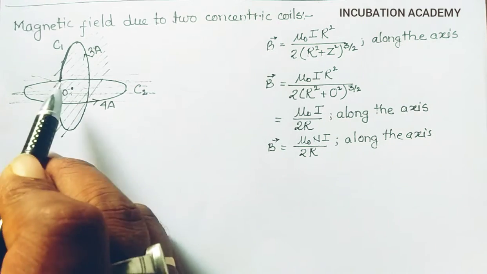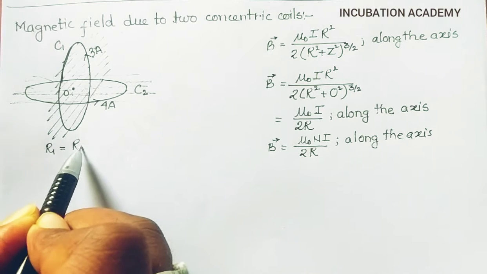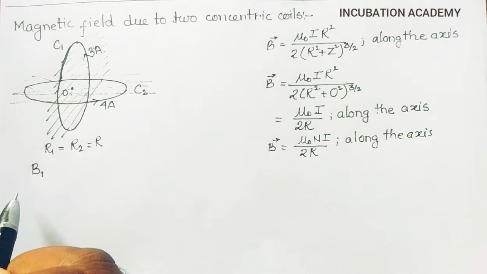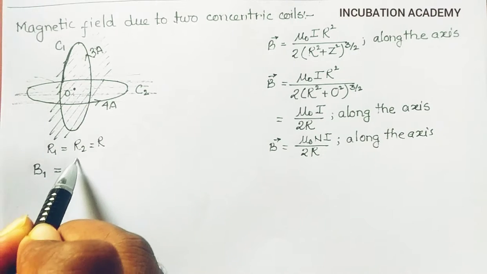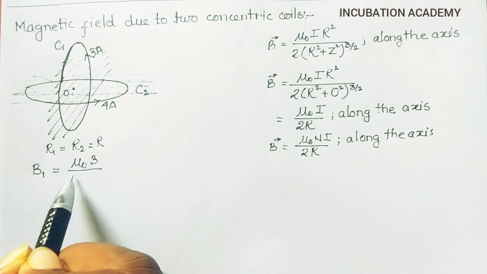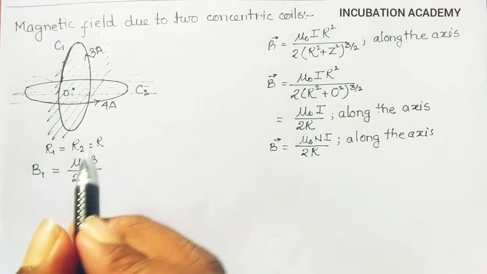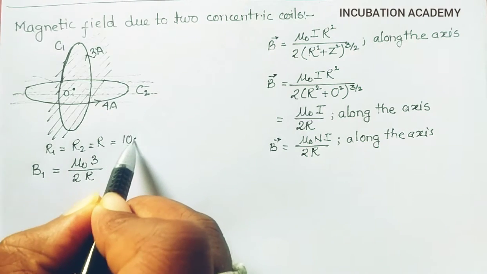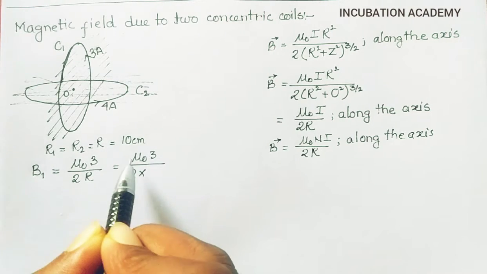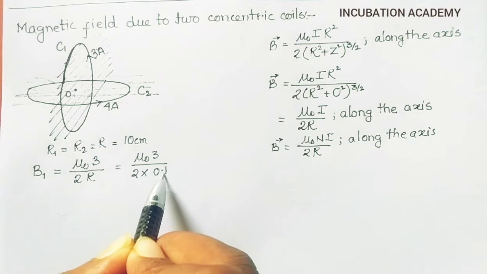Let us consider that C1 and C2 have the same radius, R1 equal to R2 equal to R. The magnetic field due to coil 1, B1, can be written as mu naught into 3 divided by 2R. The current in C1 is 3 ampere, and let us take the radius as 10 centimeter, which in meters is 10 divided by 100, that is 0.1 meter.